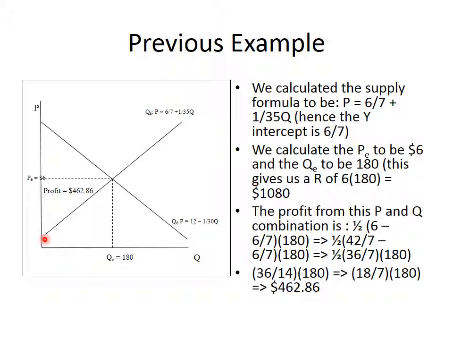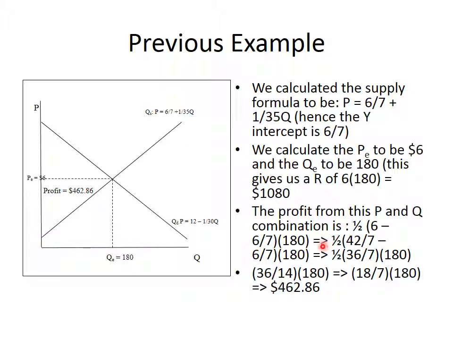That's the profit for the first unit. And that average total cost is going to go up. We could, if we wanted to, do it additively and look at each and every individual unit, which would be very painstaking and very time consuming. It's easier to recognize that you're dealing with just this triangular space here. So 1/2 times 6 minus the intercept, which is 6/7, times 180.